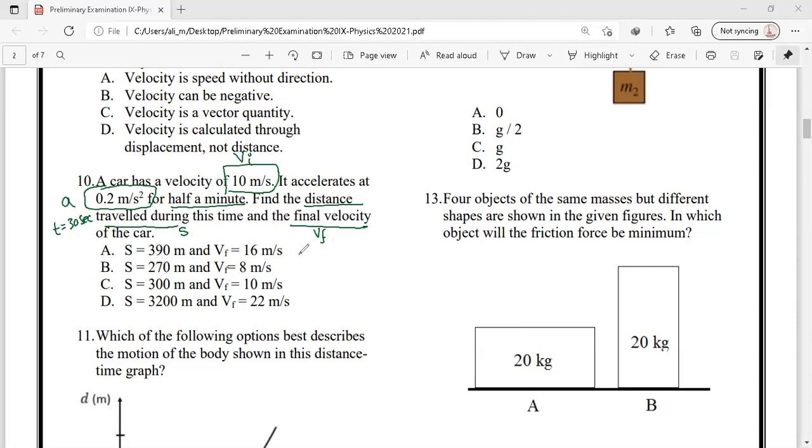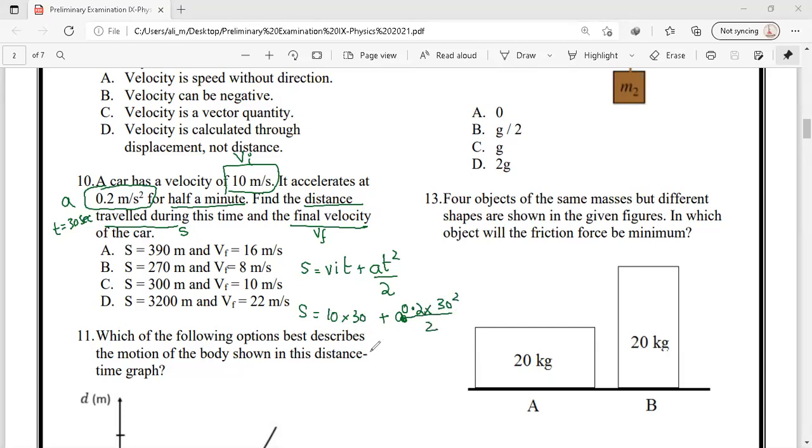Let's find the distance first. S is equal to Vi t plus a t square over 2. So let's find S. The value of Vi is 10, the time is 30, plus the acceleration is 0.2 multiplied by the time square, that is 30 square, divided by 2.